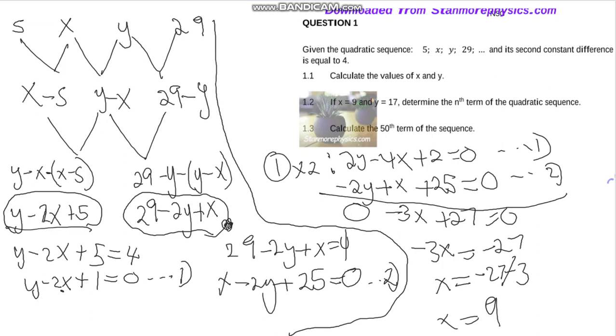If this is 9, let's determine y. Determining y, we can use any equation here. Let's just use this one.